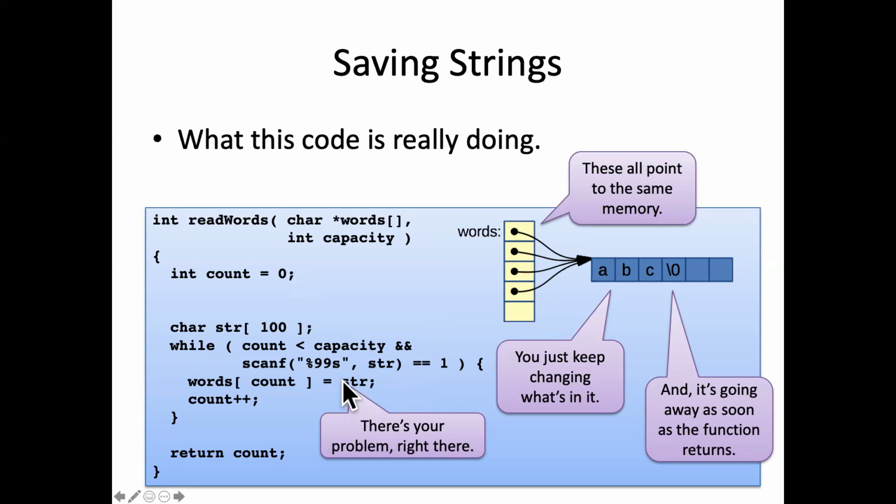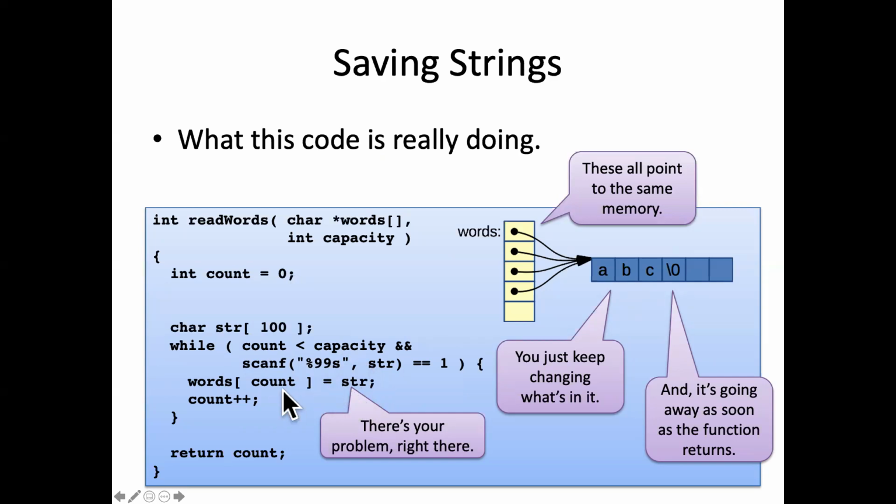The problem here, though, is in this C program, every time we read a word, we're putting it in this 100-element string array. And that string array is just getting reused every time we go around this loop. So when I read a string here, it goes in that string array. When I come back around again and read another string, it goes in that same array.